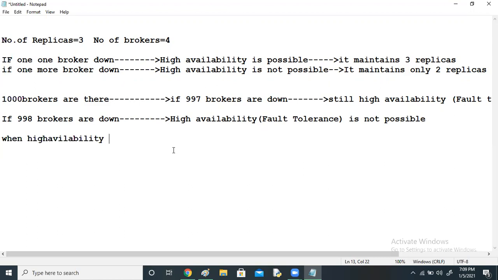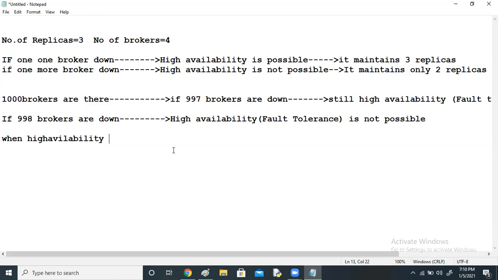Yes. And the remaining 7 brokers will not have any of those replicas. So if the 7 machines are down, they may have some replicas for certain topics but not for others. So partially things will work, but partially things will not work, correct?